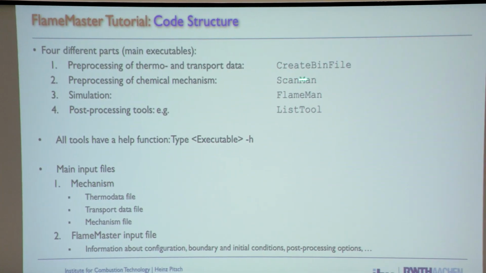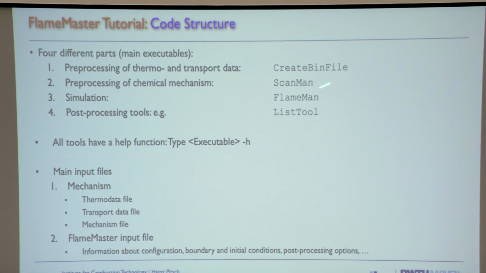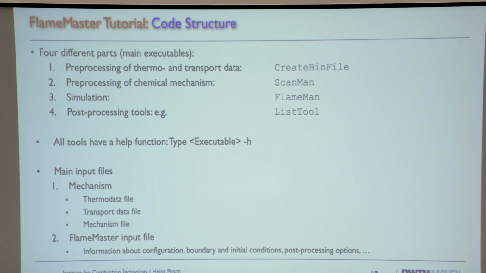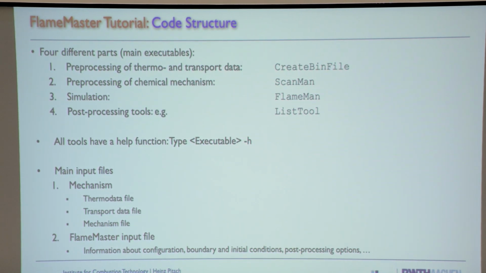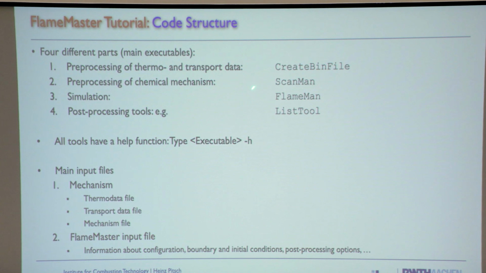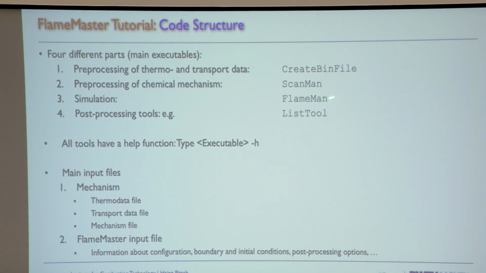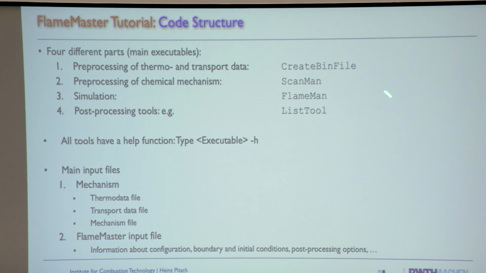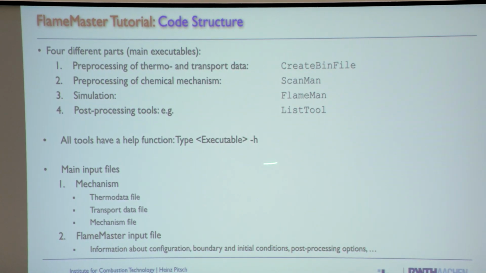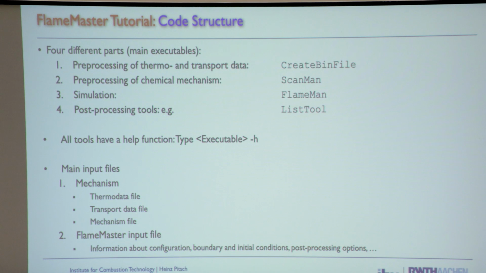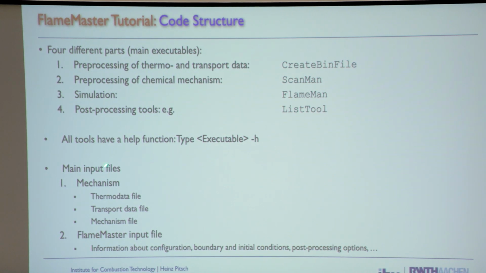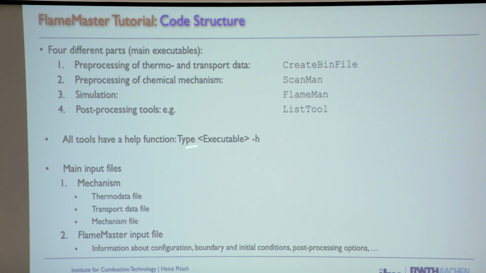Once you create a file that has all the mechanism data, you can run an actual simulation, maybe of a homogeneous reactor and so on. That's what the FlameMaster or FlameMan tool does. Then you get some result files, and they can be post-processed. There's another tool here called list tool that can be used for that. All of these have help functions.